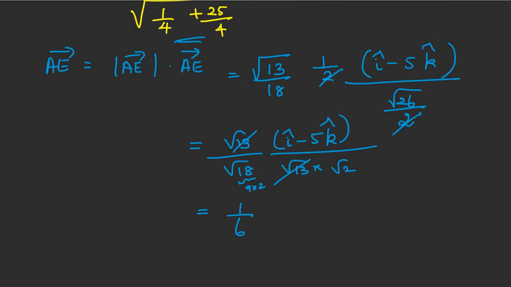So it gives me 1 by 6 times i cap minus 5 k cap. Now this is the AE vector.